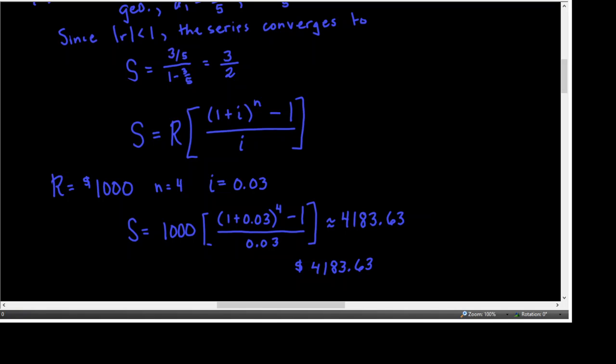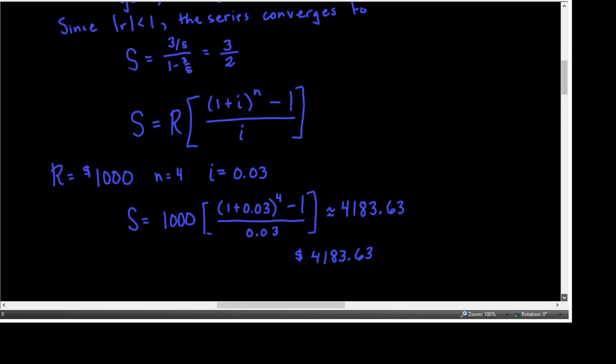Okay, so obviously she deposited $1,000 4 times, so the amount she put in was $4,000, which means her earnings, because of the annuity, over that period of time is $183.63.